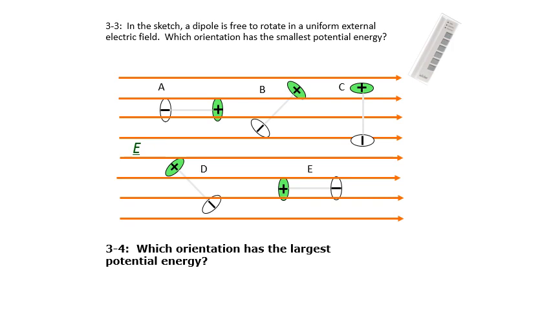Here we have something for your studies. In the sketch, a dipole is free to rotate. We have shown A, B, C, D, E, five dipoles. The field is from left to right. Which orientation has the smallest potential energy? This is asked.